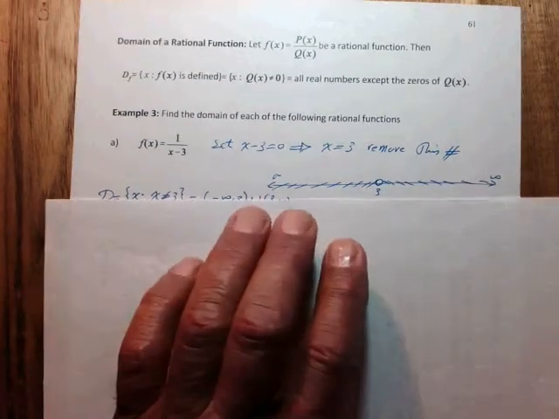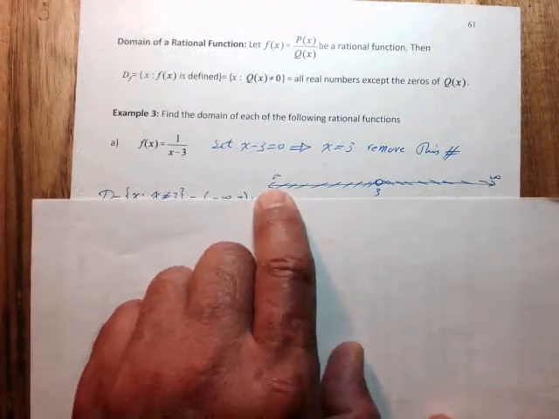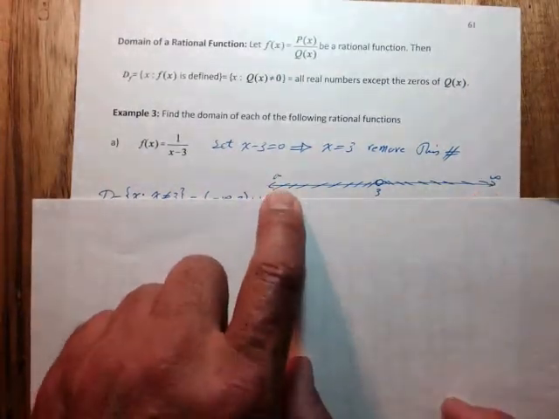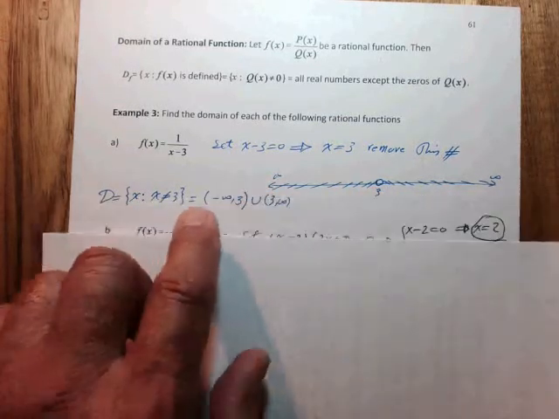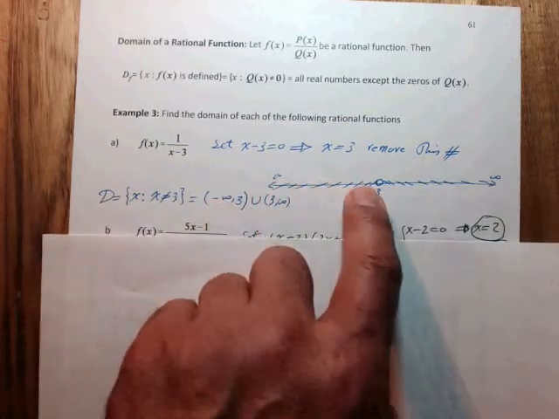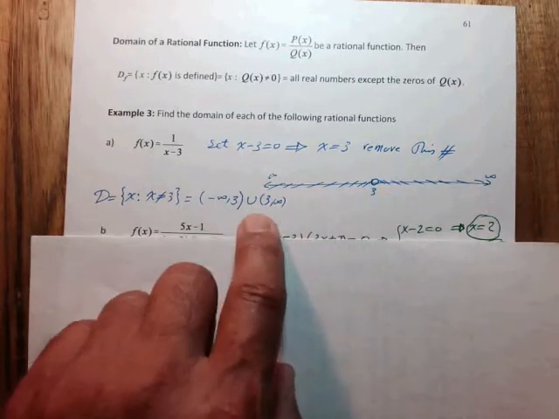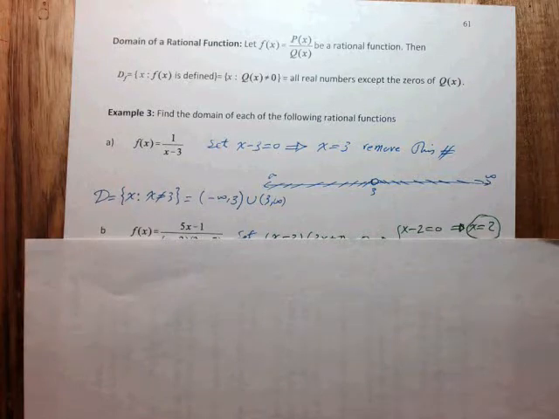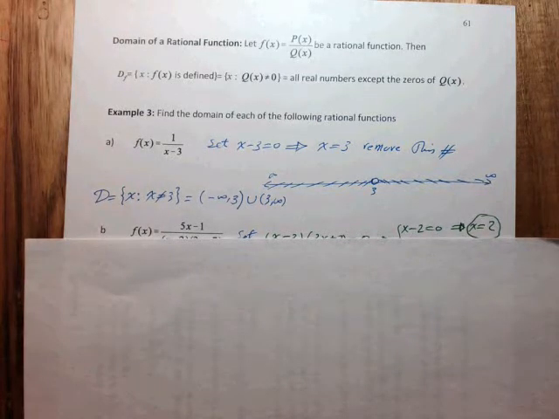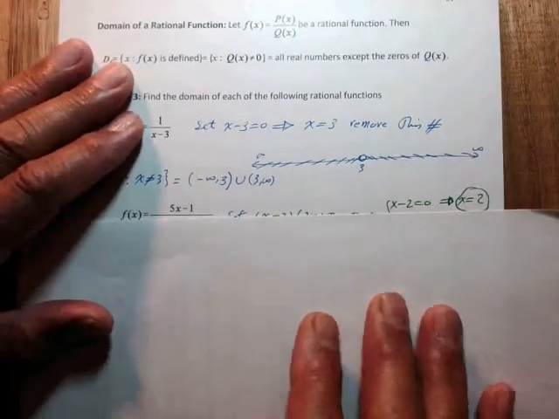So here's the picture of it. You go from minus infinity to infinity, and as you do that, you bypass 3. So you go from minus infinity to 3, and then you continue from 3 to infinity, and then you get your domain. In this case, you had only one number to remove, but you may sometimes have more than one number, depending on how many zeros the denominator has.